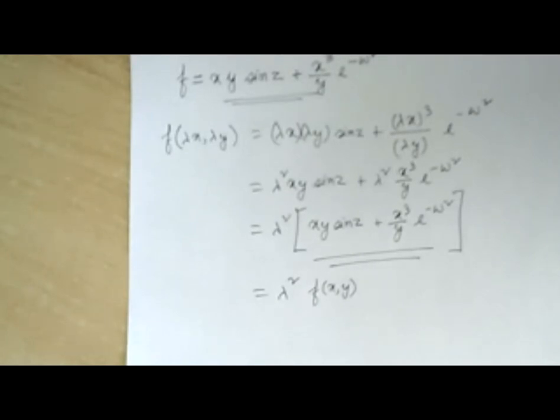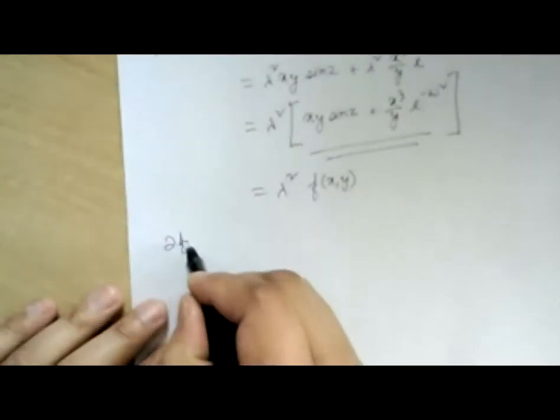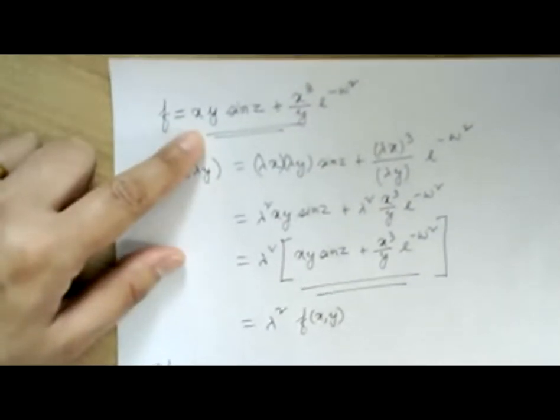Let us see whether this given function satisfies Euler's theorem or not. So first let us calculate del f by del x. What is f? F is given by this expression.